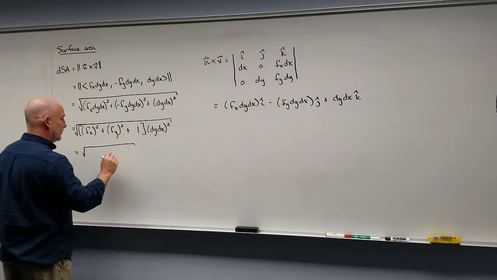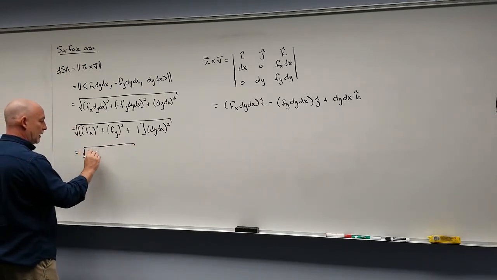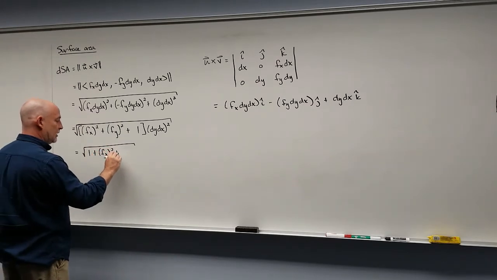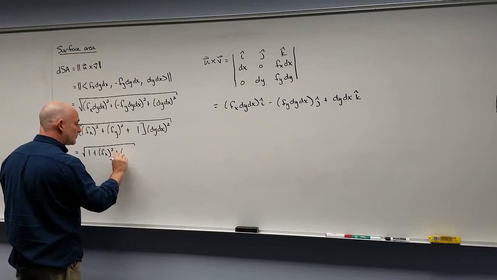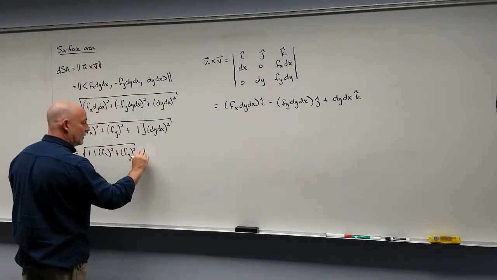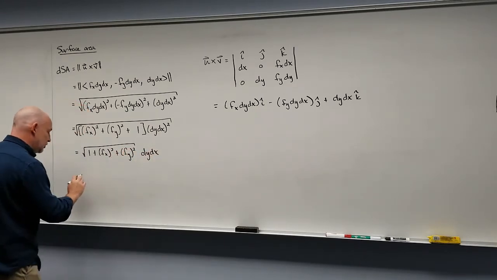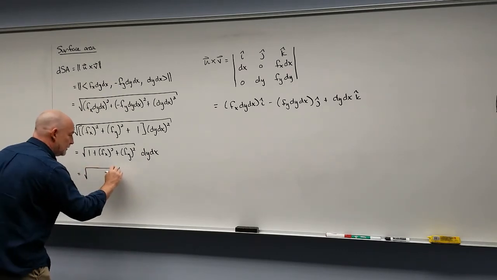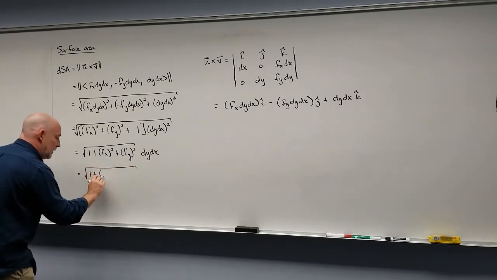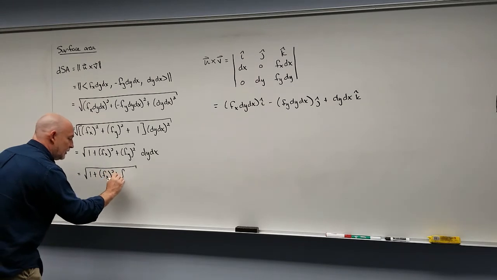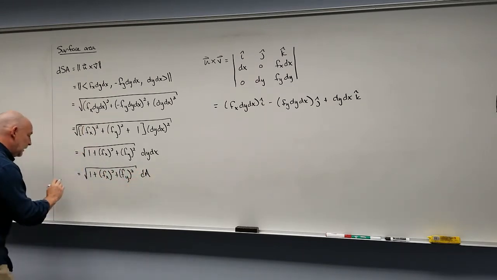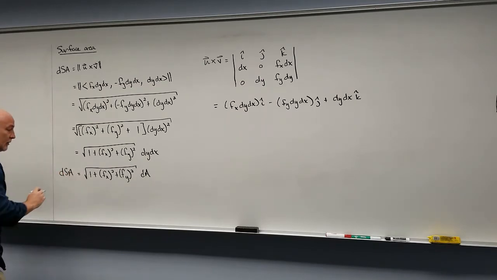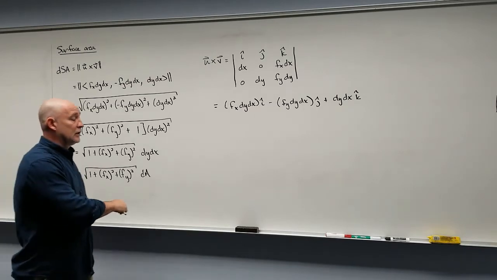So this just ends up being, I'm just going to change the order of how we normally write it, the square root of f sub x squared plus f sub y squared plus 1 dy dx, or generically dA, is what a very small piece of the surface area is. Okay, so this was the important result that we needed.